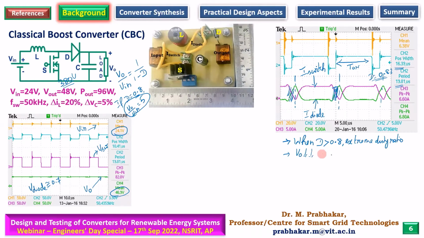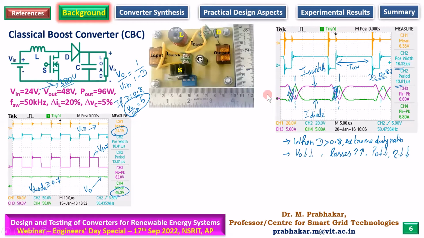When V naught reduces, the losses will be more and the output power will get reduced. Quite obviously, efficiency will come down. These are the drawbacks of extreme duty ratio operation. So we cannot move from 24 to 380. This is very, very difficult using a conventional boost converter. This is one problem that we need to understand.